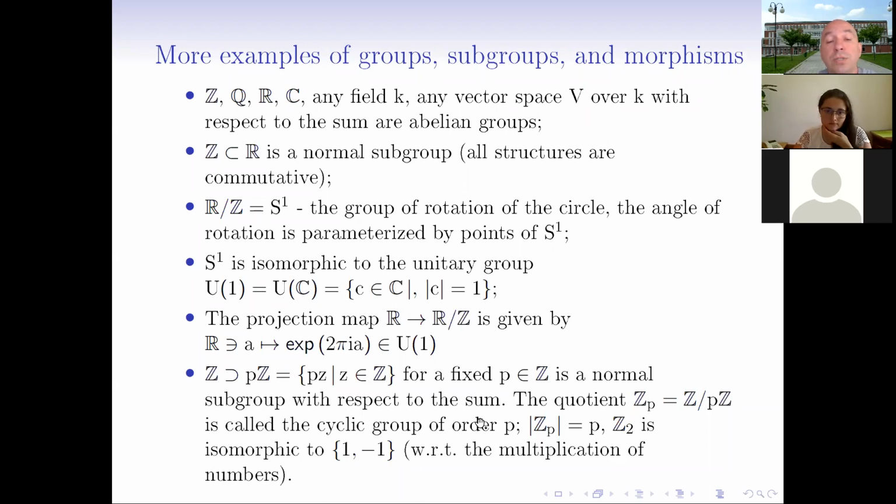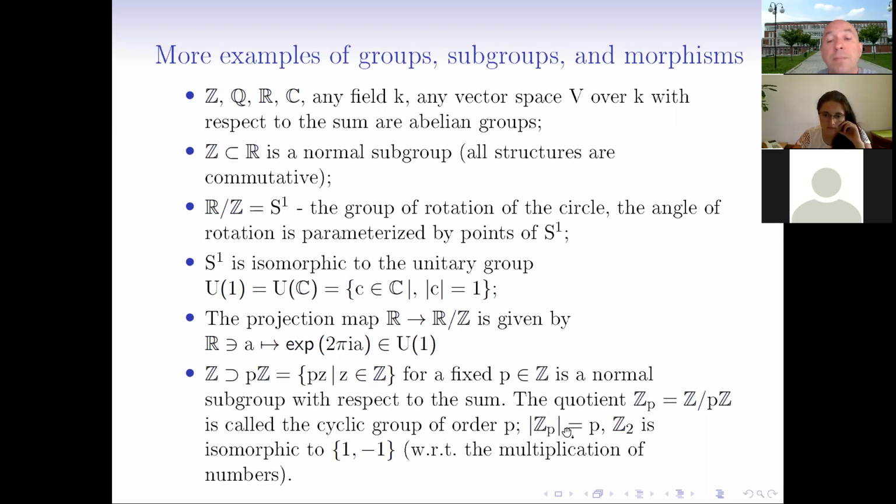And the quotient is called the cyclic group of order p. You can see the number of elements. It means that we divide an integer by p with some remainder, and this remainder will be from 0 to p minus 1. And if it's p, we can divide by p and get 1, so the remainder will be 0.